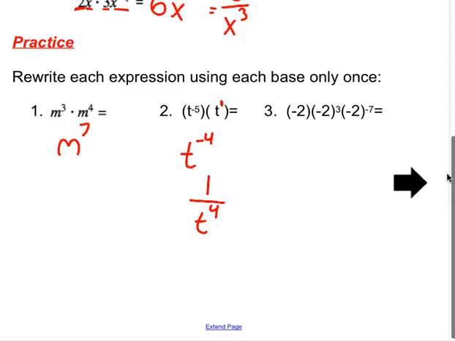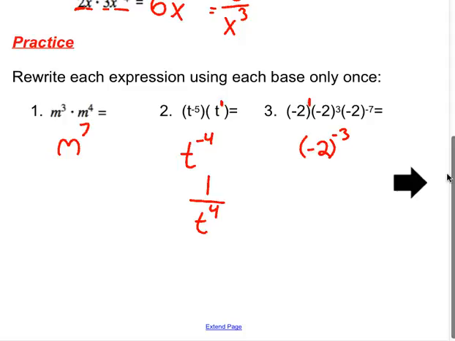All right, and our next one. So negative 2 gets a first power. Negative 2 to the third, negative 2 to the negative 7. So negative 2, 1 plus 3 is 4, minus 7 is going to be a negative 3.